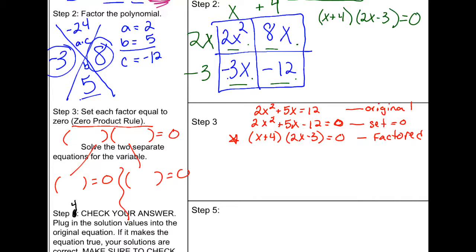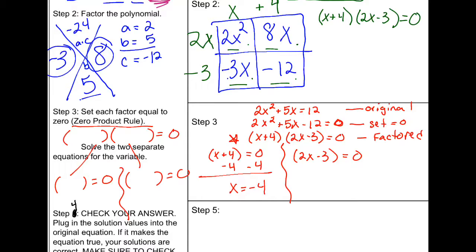So I can split this up and say x plus 4 is equal to 0 and 2x minus 3 is equal to 0. And I can solve each side individually. So x plus 4 equal to 0, I'm going to subtract 4, which gives me x equal to negative 4, which is one of my solutions.